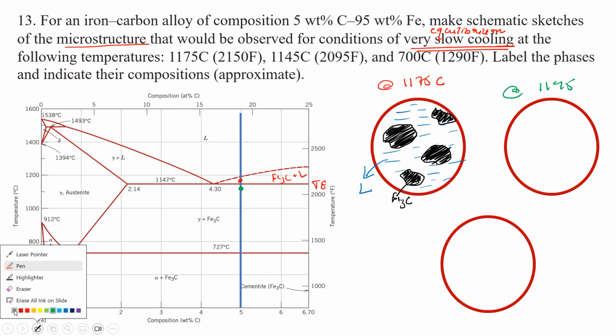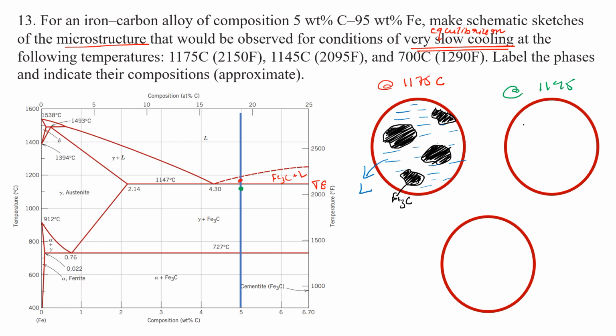So the proeutectic cementite should be there where it was, albeit a bit bigger because it might have grown a bit.